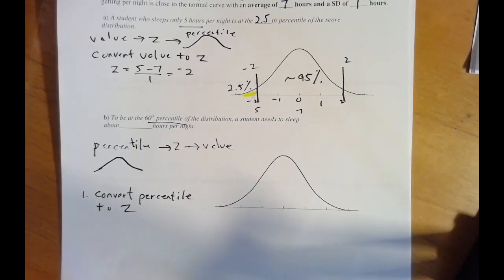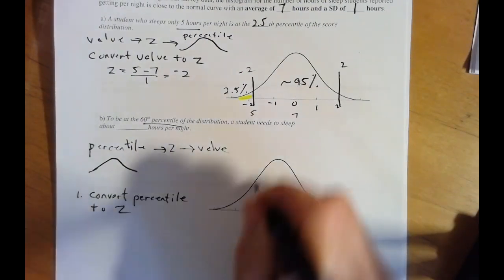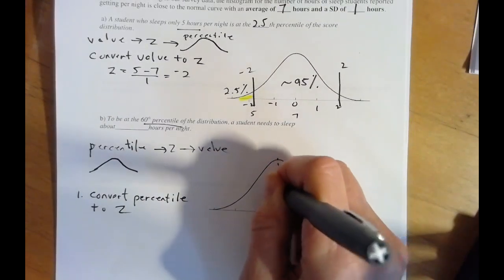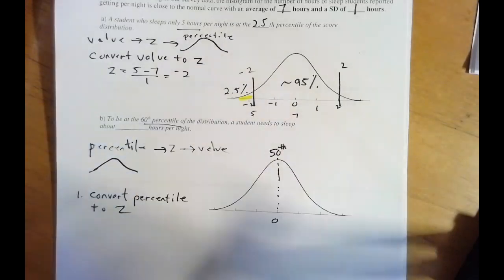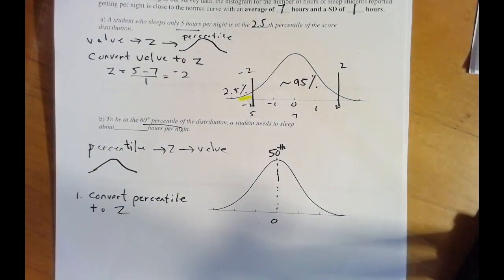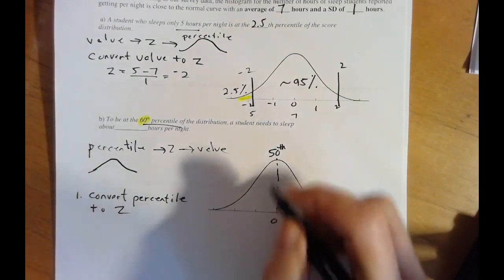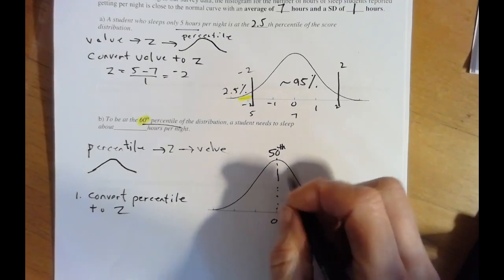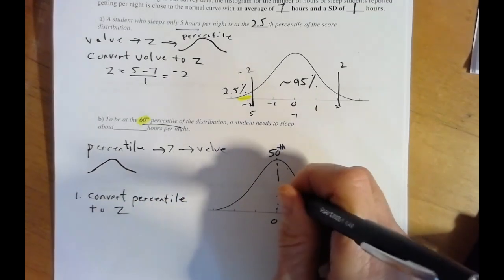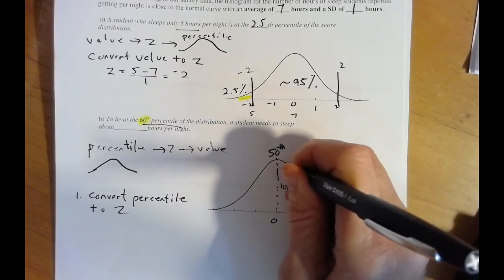So how are we going to do that? Let's think about it. Right here at 0, we know what percentile that is. That's the 50th percentile. So we want the 60th percentile. That's just going to be 10% more area, right? Just 10% on this side.